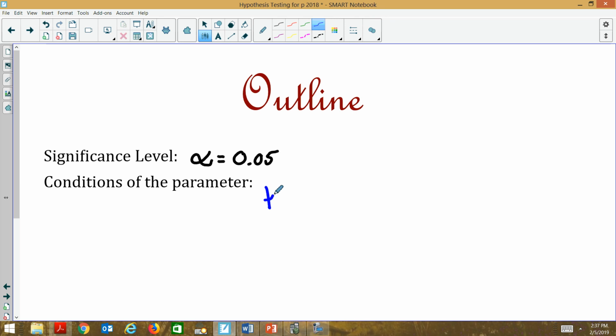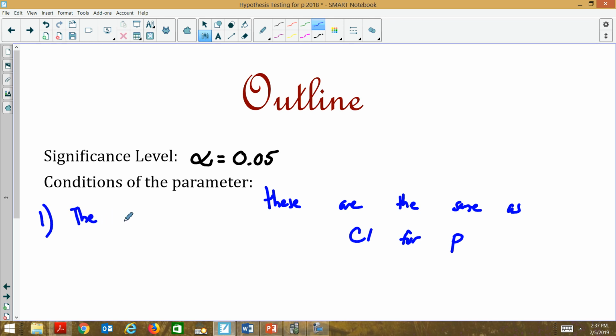Luckily, these are the same as confidence intervals. So the first is that we have to make sure that the sample data comes from a random sample.